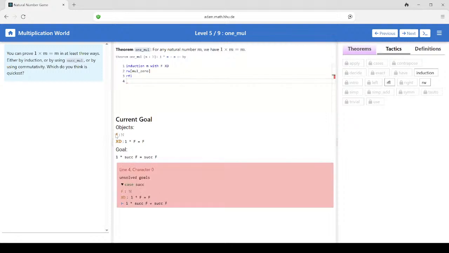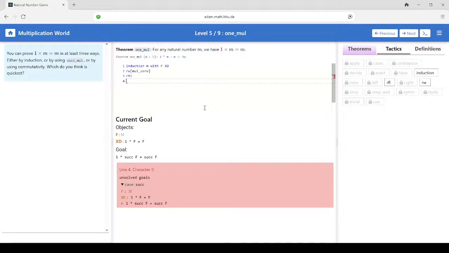Yeah, and so now we've set it up so that our number that we're using is f, and our induction hypothesis is named XD face. So there's that, I guess.